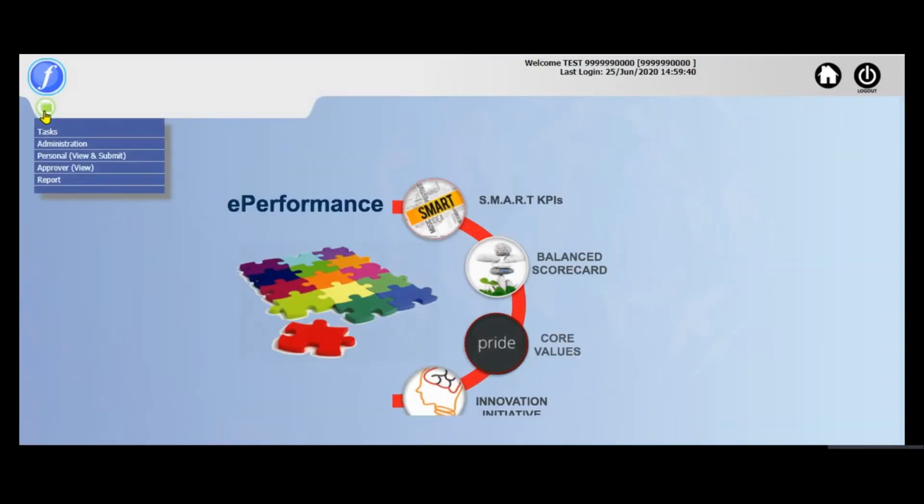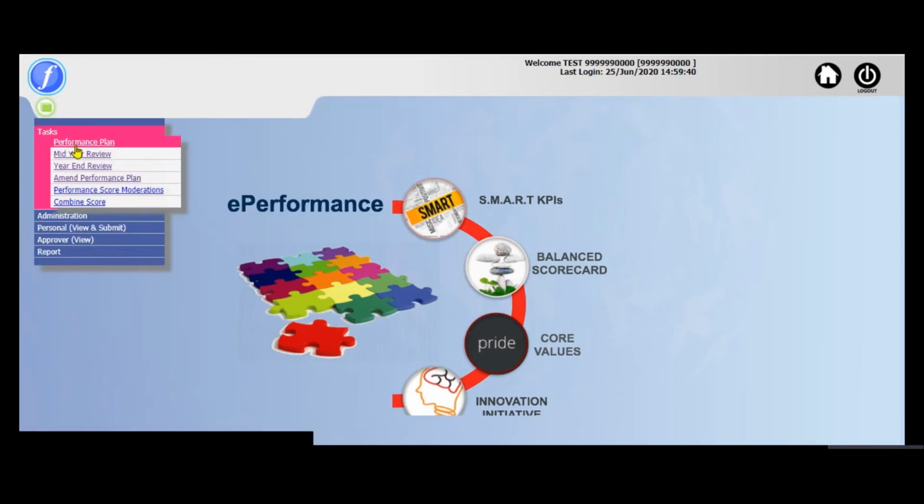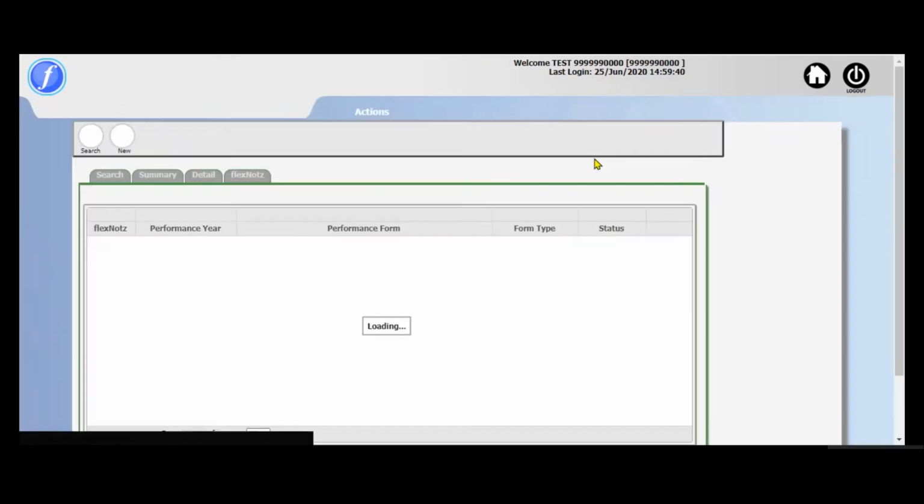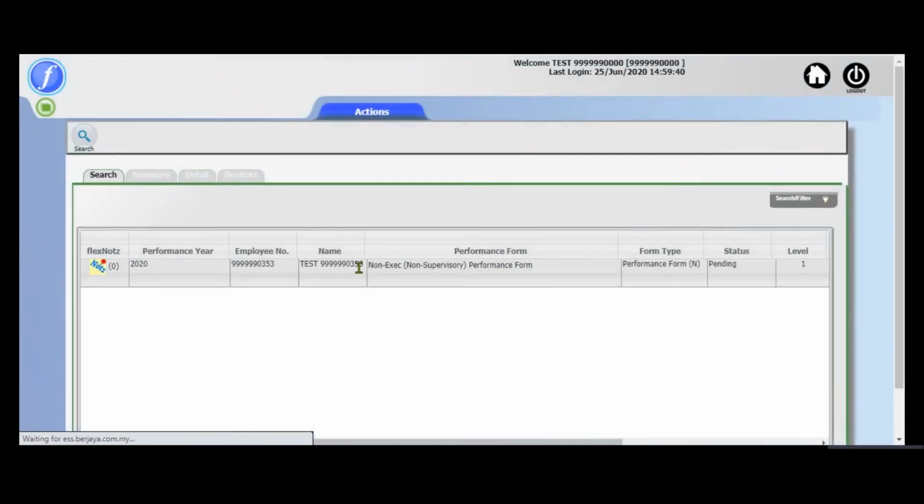So unlike our screen just now, the approver has so many functions. Just now we only have this. The approver has so many here, the task, the personal view and submit, and also approver view. So he will go to this task, go to mid-year review, and then he will see the form that I submitted, because just now I submitted to him.